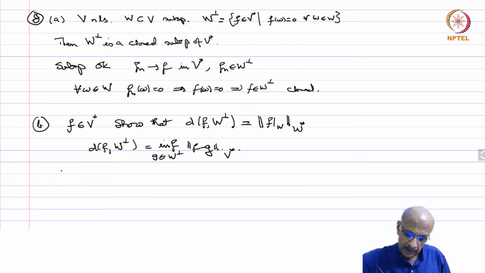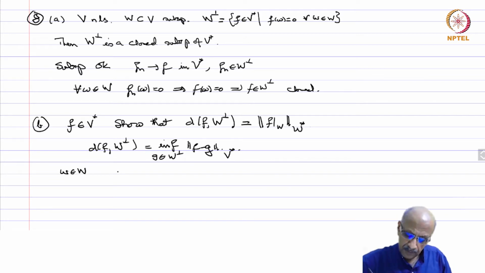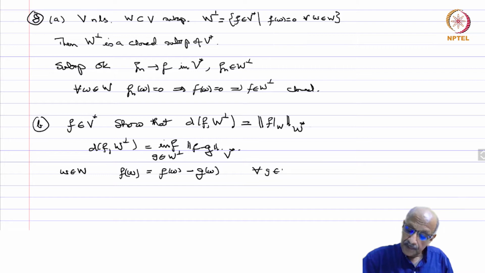So let us take w in W, then f(w) can be written as f(w) minus g(w) for all g in W perp, because if g is in W perp, this is always equal to 0.